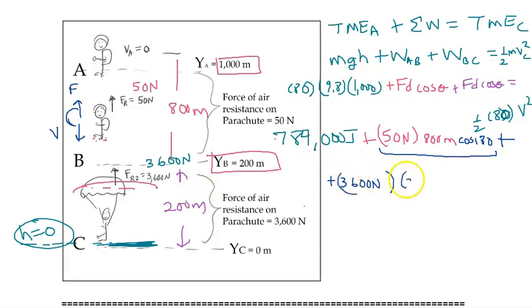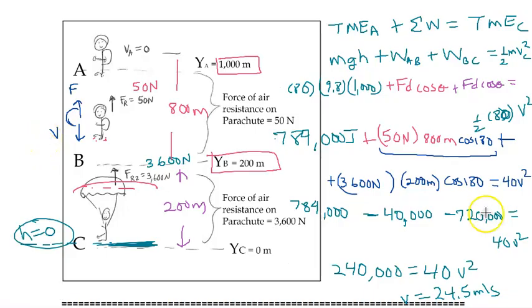The distance is 200 meters. But again, the force is up and the motion is down. So that's another cosine 180, which is what you want, right? You want the parachute taking energy away. Equals 80 over 2 times v squared is 40v squared.